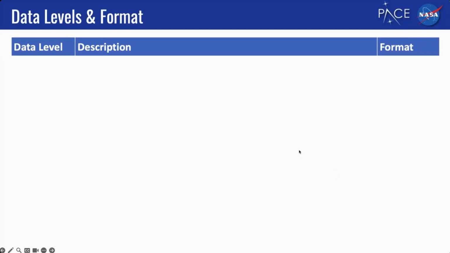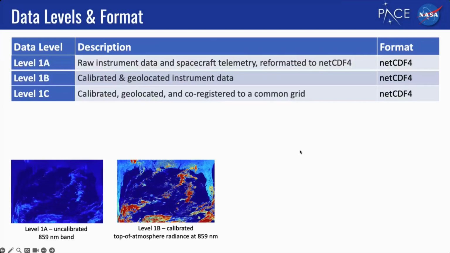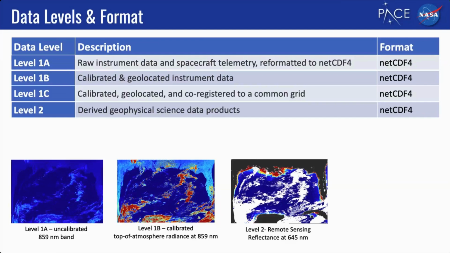After collection by the instrument in level 0 format, the raw instrument data and spacecraft telemetry are reformatted into netCDF4. Those then run through all the level 1 processing, ending up with a calibrated, geolocated, and co-registered product. And then we get to level 2.